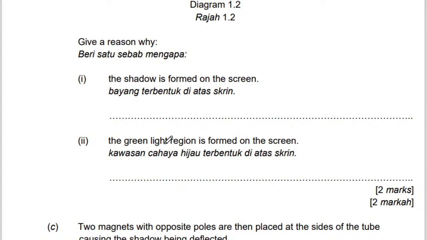Now, the second one. Give a reason why the green light region is formed on the screen. Electrons hit the screen forming green light, causing fluorescence. Kinetic energy is converted to light energy, hence fluorescence occurs. The fluorescent material in the screen absorbs kinetic energy from the electrons and converts it to light energy.